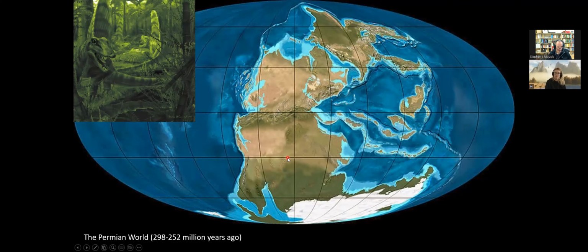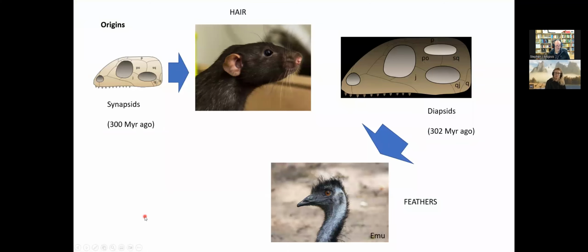So hair has a multifaceted origin. And as I said, hair comes from this group of animals, the synapsids, which have a skull shape like this: eye, ear, nose. That's different from another branch of vertebrates called the diapsids over here on the right.